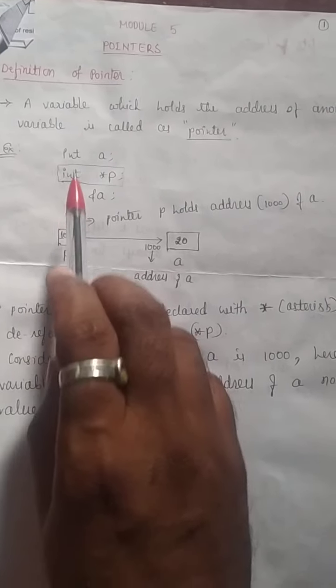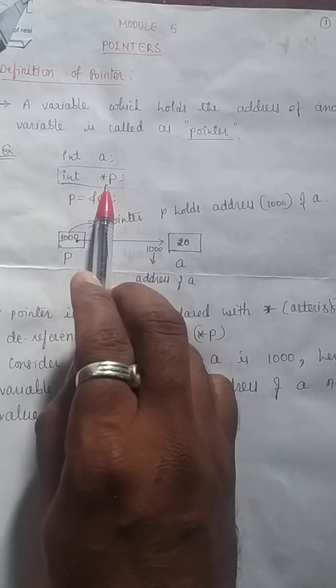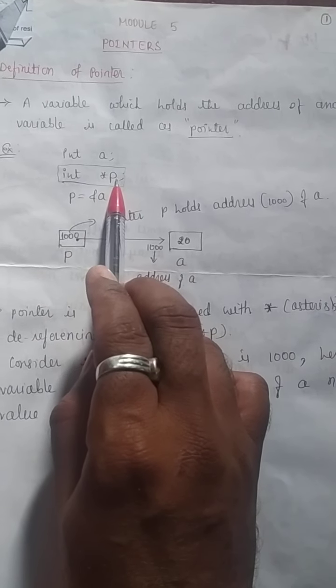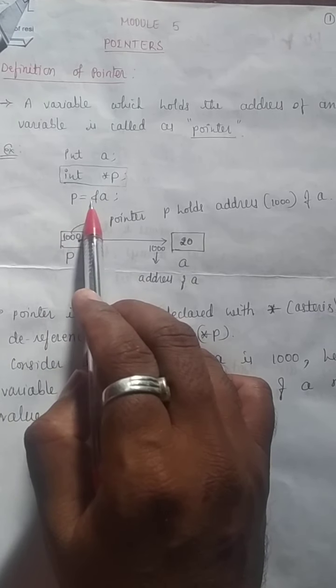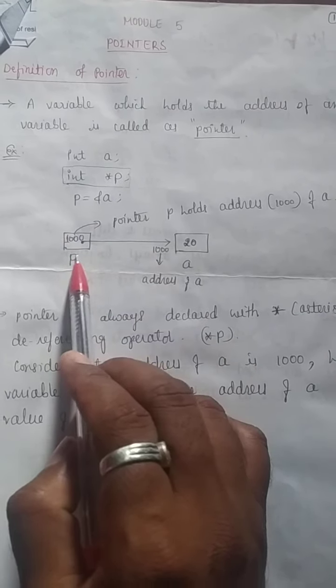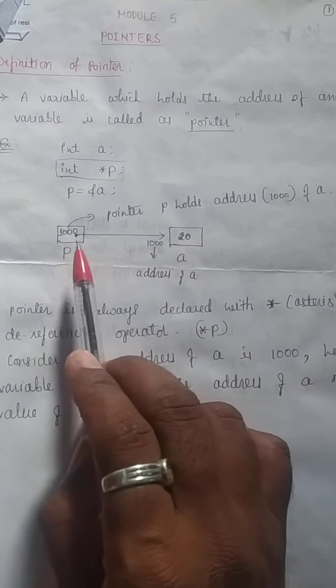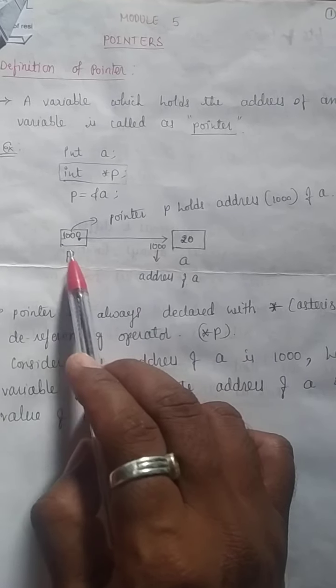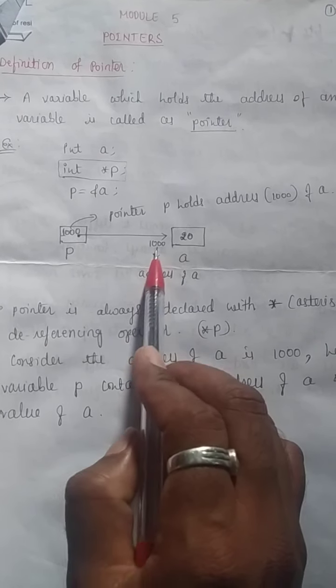Now we can see one example here. int a is declared. It is a normal variable. int *p is a pointer variable. So the next statement is p is equal to &a. So diagrammatically we are representing it here. a is 20 here, and p is a pointer which holds the address of a. So the address of this a is how much? 1000.